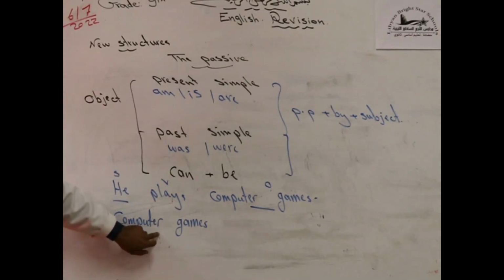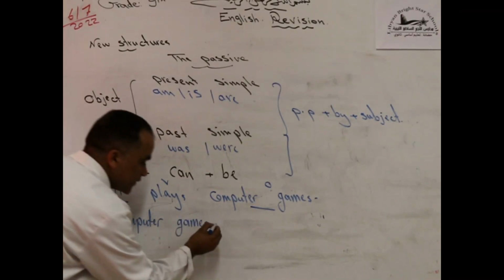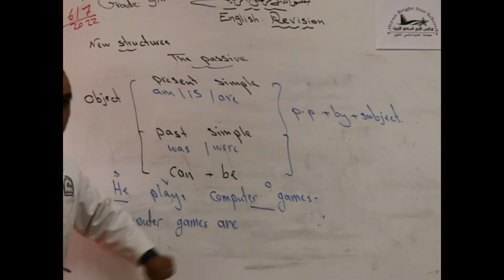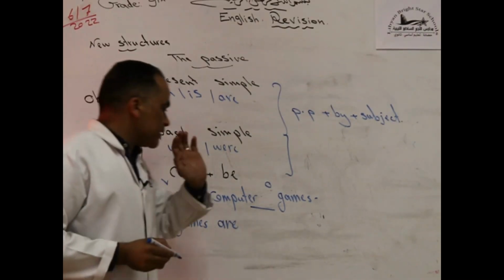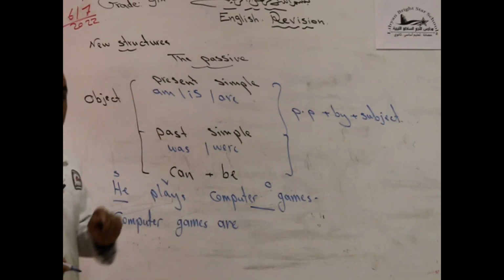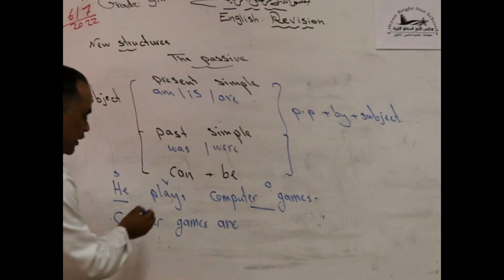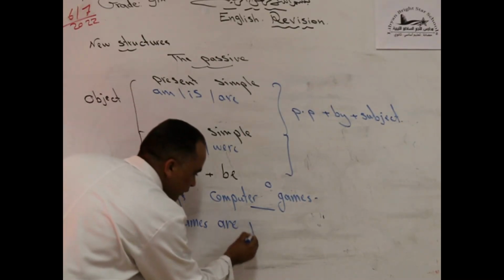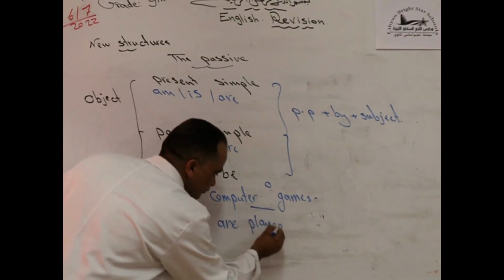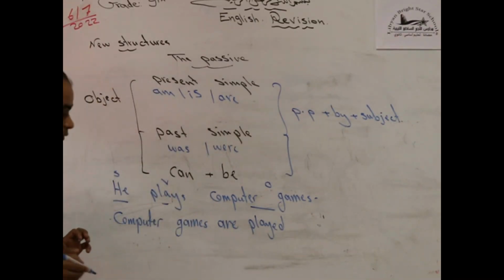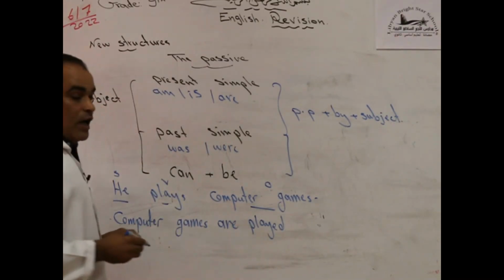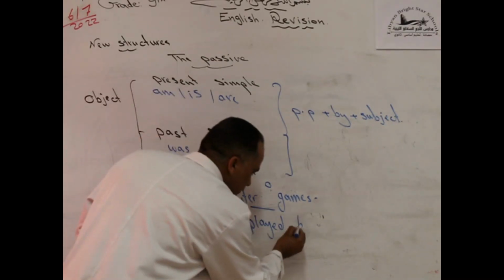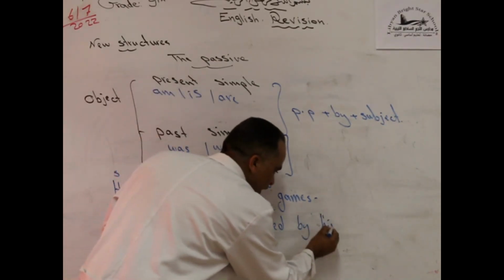We have a plural noun, so are is used. Computer games are. The fifth step, use the past participle of the main verb. Here we have plays. The past participle of play is played. It's a regular verb. فعل منتظم. If you want to say who or what did the action, use by plus subject, by him.